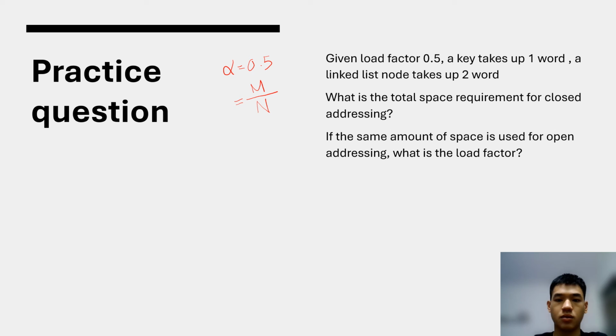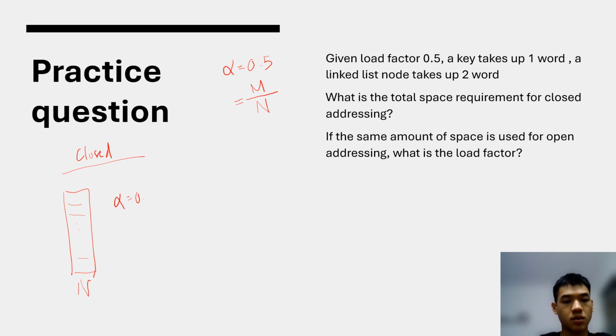For closed addressing, we let the hash table size be n. If alpha is equal to 0.5 and 0.5 equals m over n, then m is equal to n over 2.